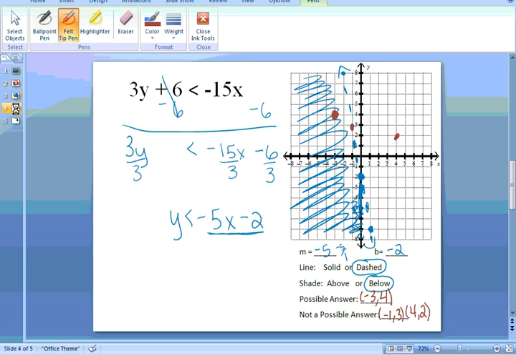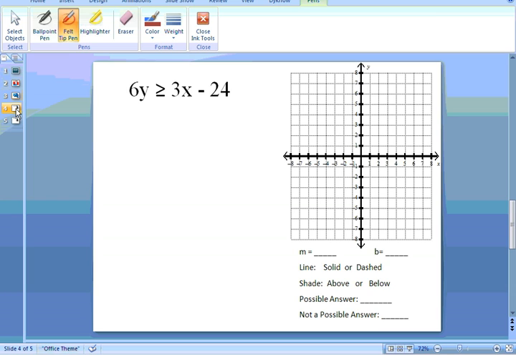Next example. I have 6y is greater than or equal to 3x minus 24. So to solve, I need to divide by 6. So I have y is greater than or equal to 1/2 x minus 4.